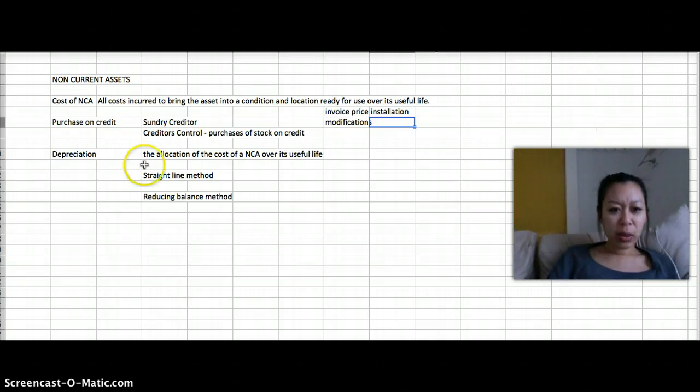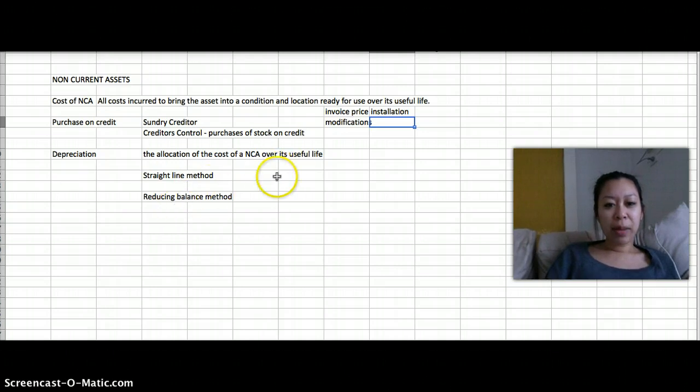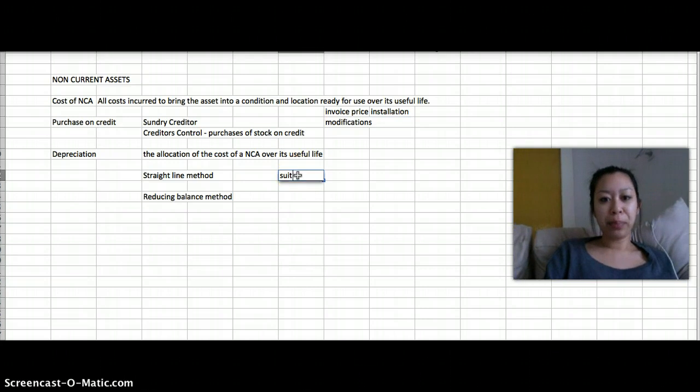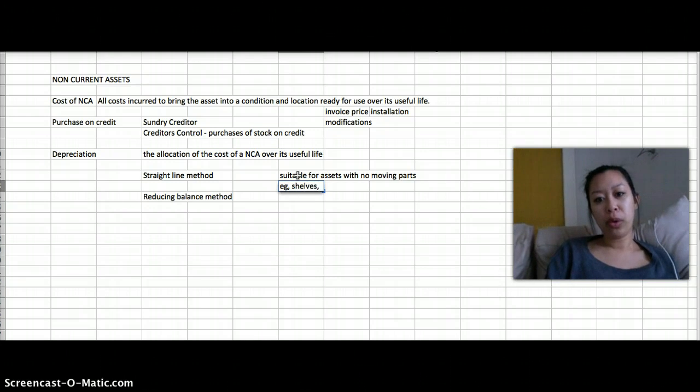Okay, so looking at the main difference of straight line method and reducing balance, straight line method is suitable for assets with no moving parts. So what does that mean? I'm talking about things that don't move, like shelves or a couch, something like that, chairs.